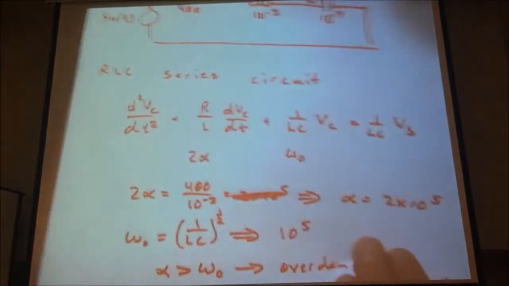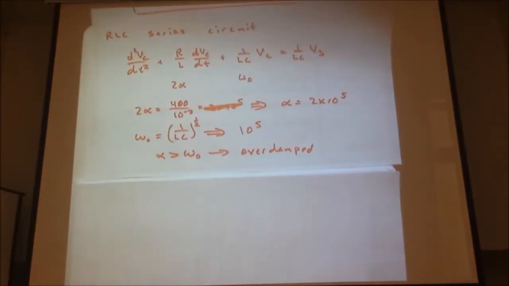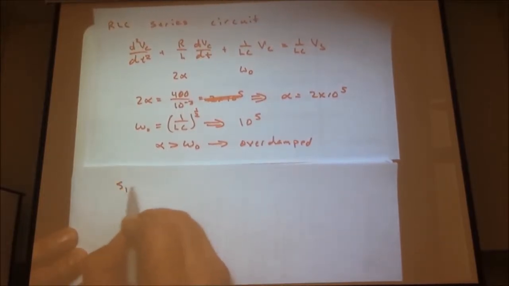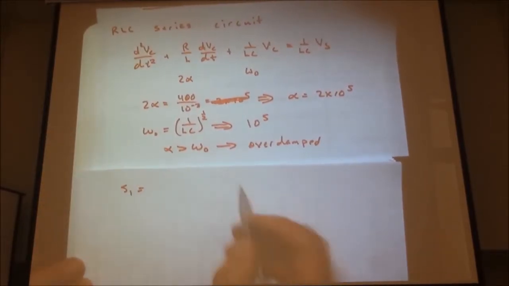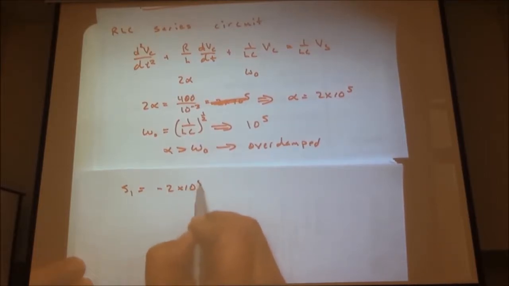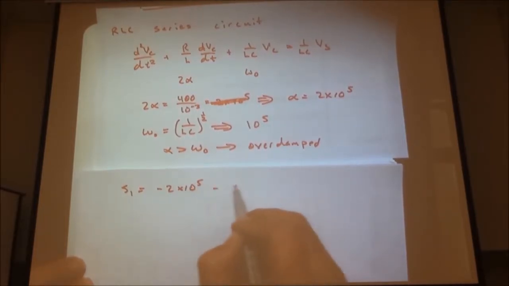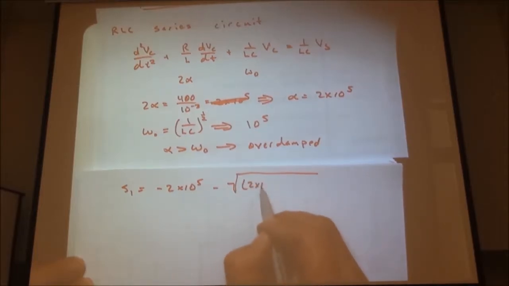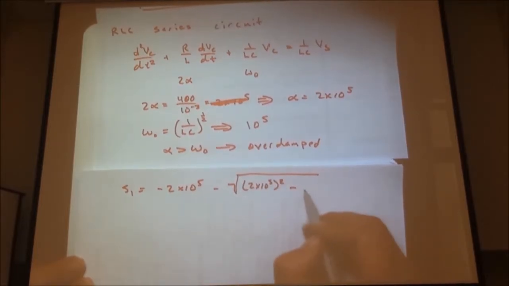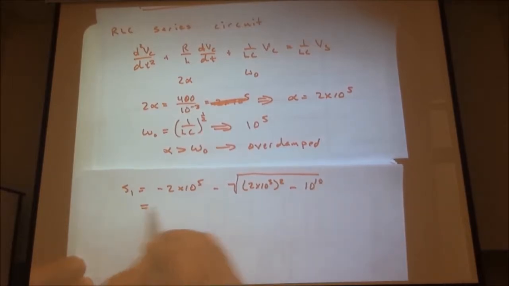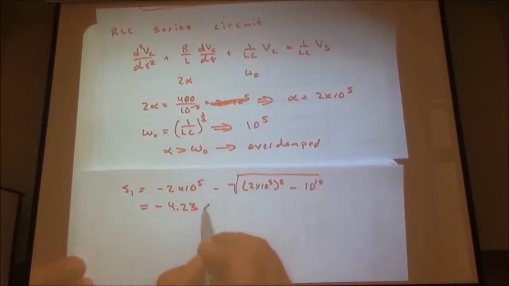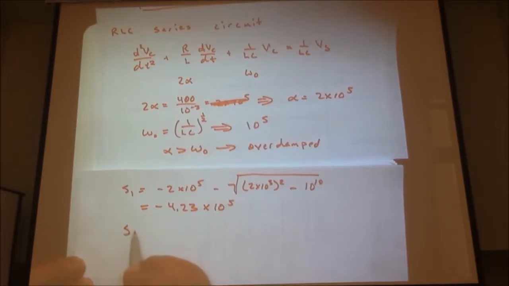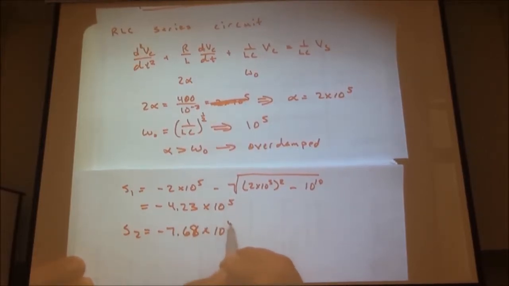And we can go and find our S1 and our S2. S1 equals minus 2 times 10 to the 5th minus the square root of 2 times 10 to the 5th squared, just to write things out, minus 10 to the 10, which I hope is minus 4.23 times 10 to the 5. And S2, not to write out in as much detail, minus 7.68 times 10 to the 4.